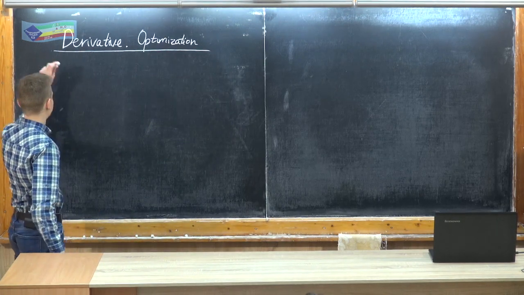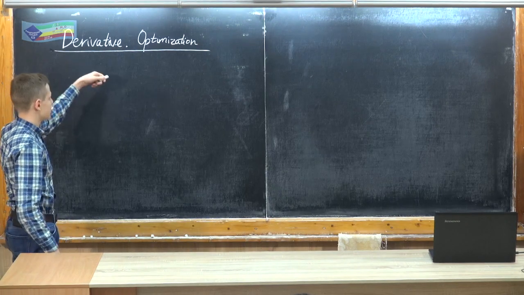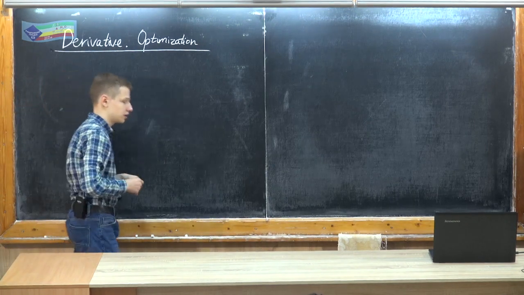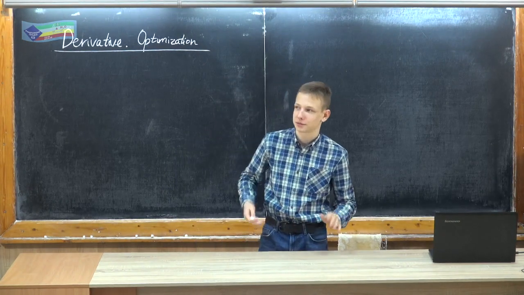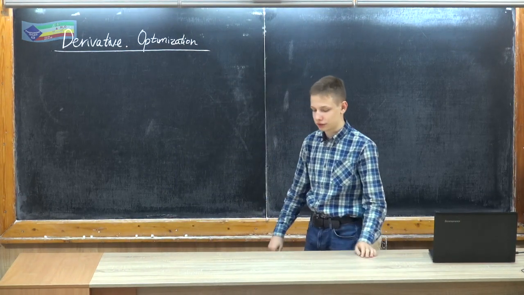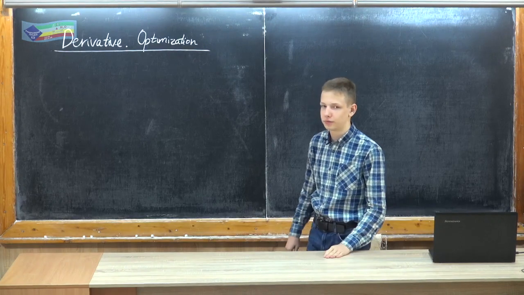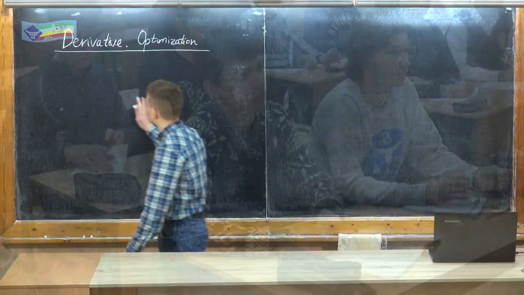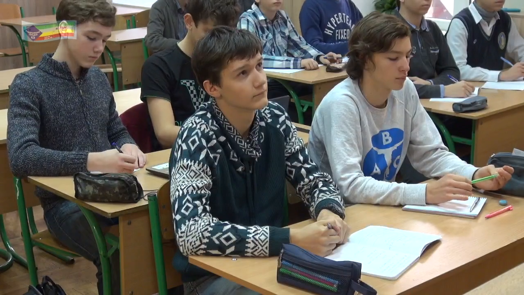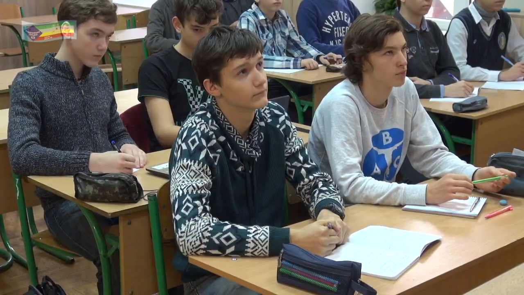So the first lesson will be about math, and the second one will be actually the first lesson about something close to machine learning, because in the lessons before you've learned only about math and Python. So first we will start with derivative.